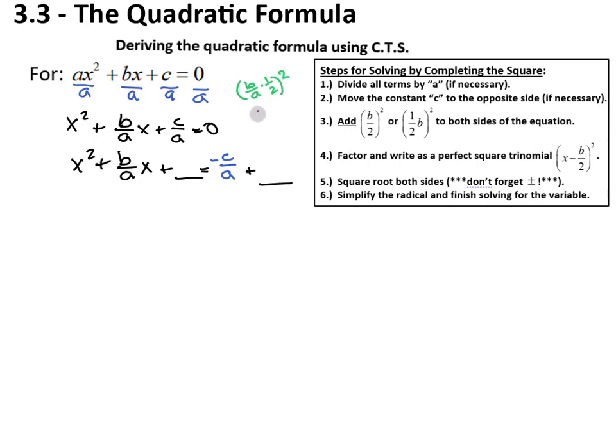So top times top, bottom times bottom gives me b over 2a squared, which will give me b times b is b squared, and 2a times 2a is 4a squared. So we need to actually add b squared over 4a squared to both sides.